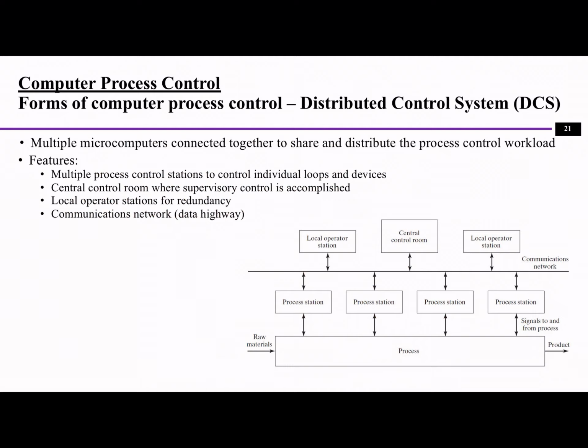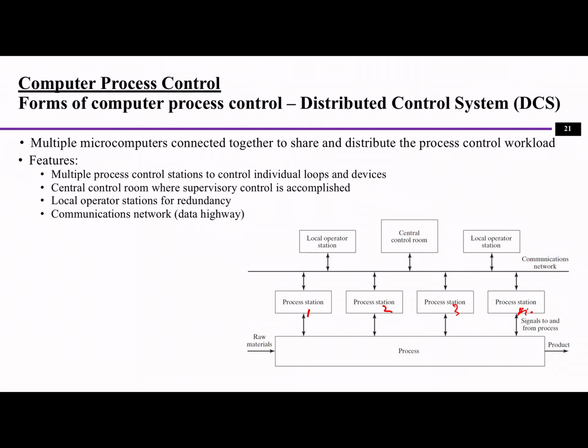When we have multiple processes, a lot of workstations, like 1, 2, 3, 4, and more, right? We cannot just use one computer to control everything at the same time. It would cause a lot of workload for a single computer, and it's also going to create a little bit of errors as well.